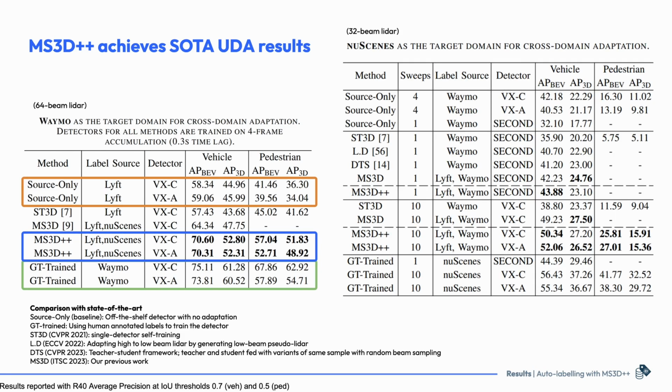And this one here we show the auto labeling of the nuScenes dataset, which is a 32-beam LiDAR. This is the starting performance of just taking an off-the-shelf Waymo detector and testing it. This one here is our auto label result, and this one here is training with human annotated labels. Likewise, we can obtain quite a similar performance to the human-trained model in bird's eye view detection for the vehicles. And we also outperform all the existing works in this field.